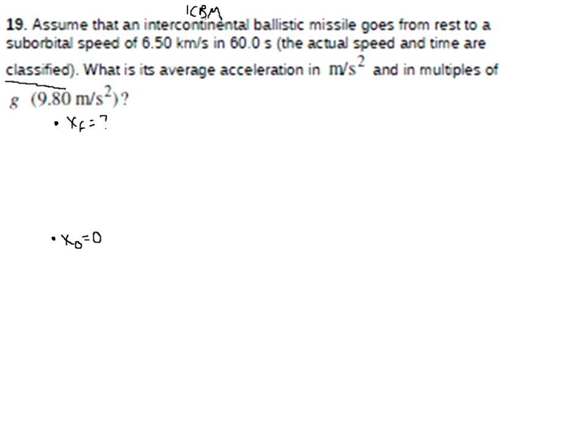X final, we don't know that. It says it starts from rest, so V0 equals 0. V final equals 6.5 kilometers per second. That was a pretty ugly looking 5 there. It kind of looks like Herman Munster's forehead.